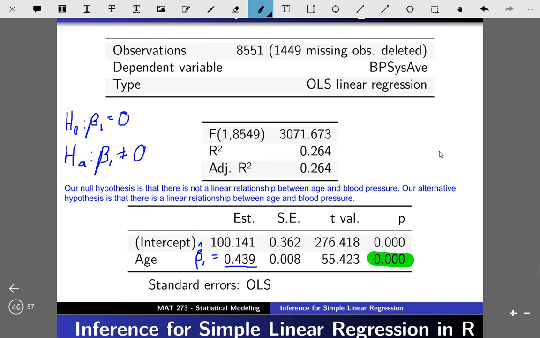And since it's less than 0.05, we say using a significance level of 5%, we reject the null hypothesis. In other words, we have evidence that there is a linear relationship between systolic blood pressure measured in millimeters of mercury and age in years. That's our conclusion in the context of the problem.